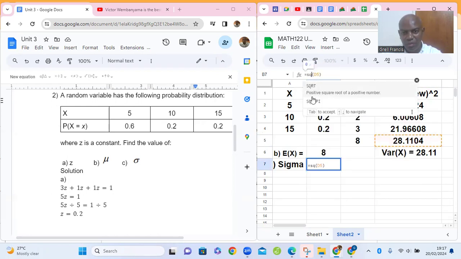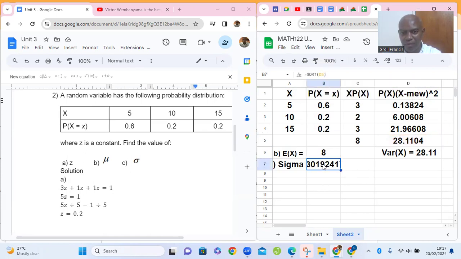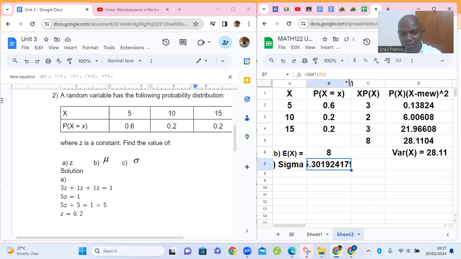Ah, look at the square root. Good. Square root D5. Let's see what happens there.